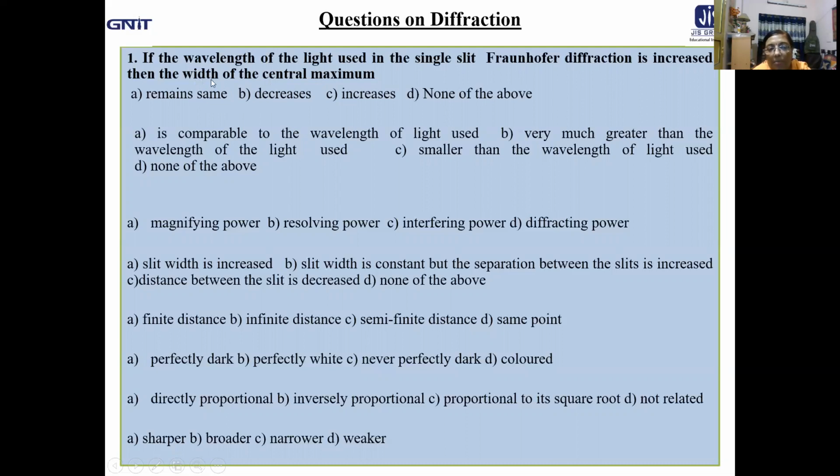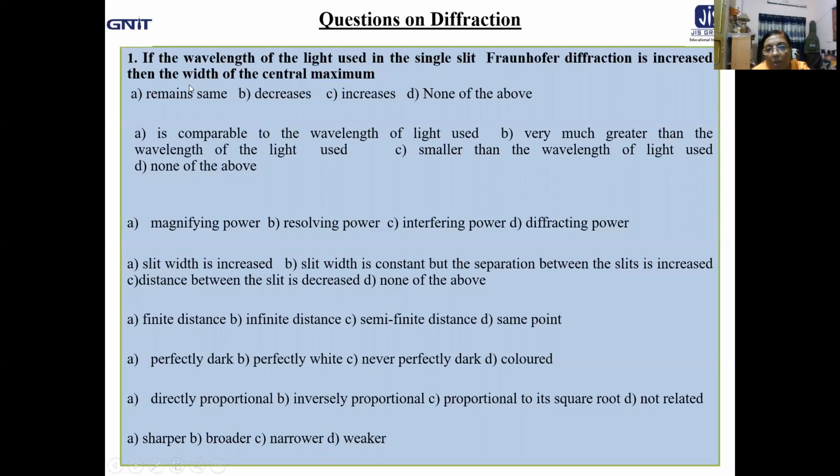Now the condition of minimum you all know is a sine theta equal to m lambda. First order means m equal to 1, so a sine theta equal to lambda, and sine theta equal to lambda by a. Now you are increasing the lambda value. That means sine theta increases, so theta increases, and obviously 2 theta will increase. Theta is half of the angular width.